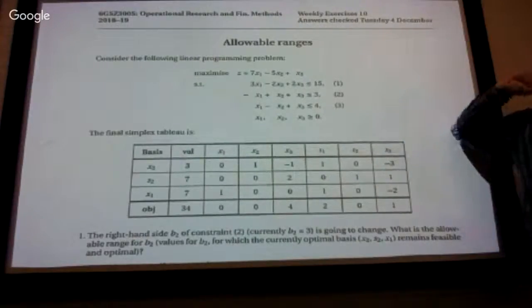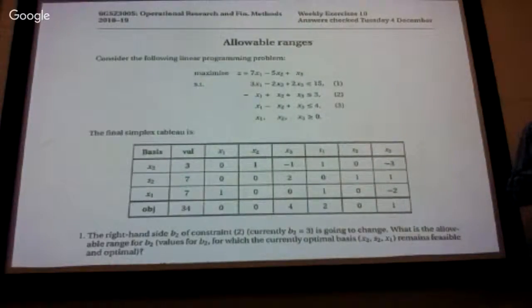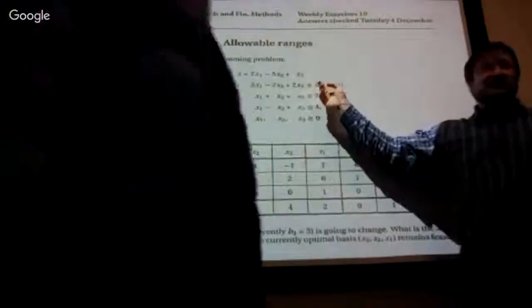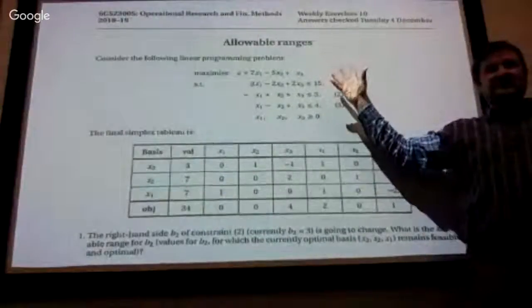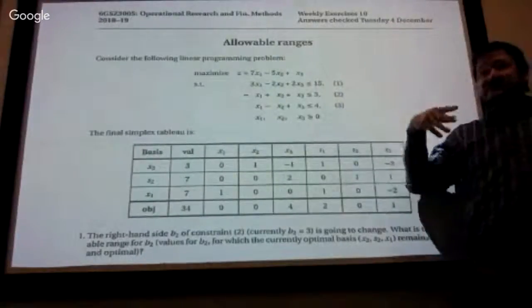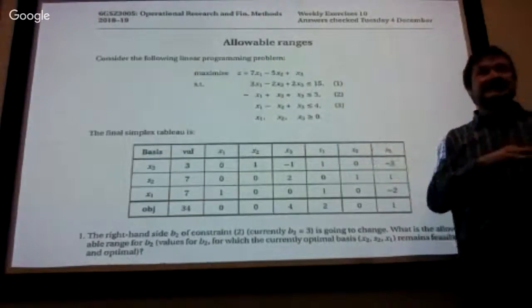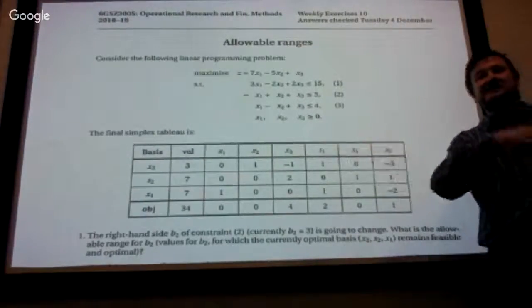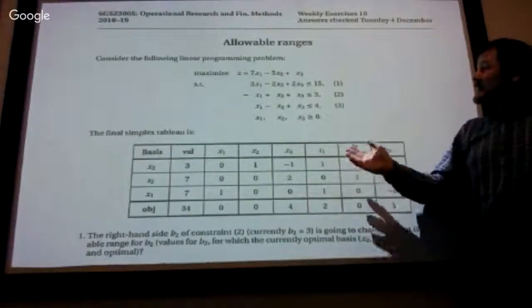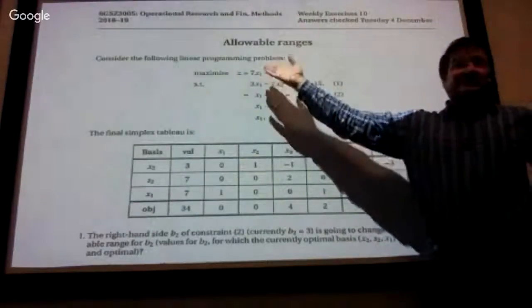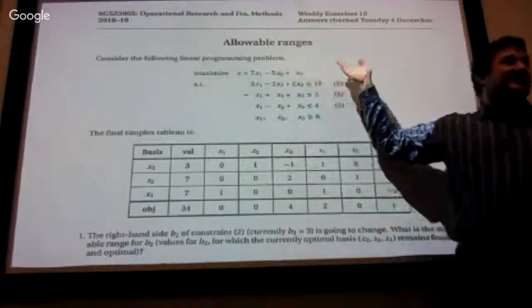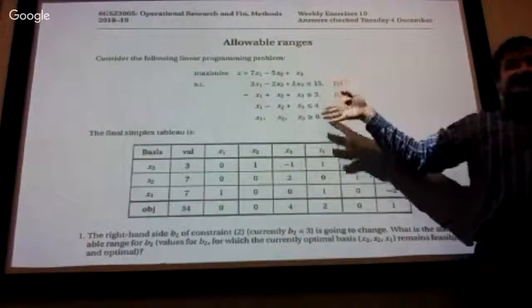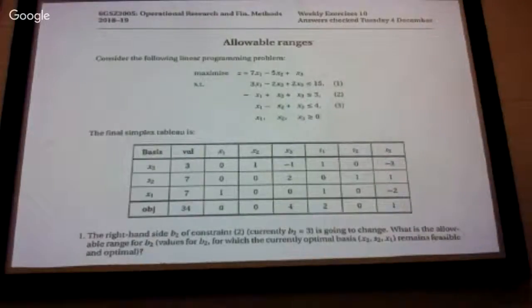Sometimes you're interested in a practical application in knowing how much you can change these values for the solution not to change to a different basis, because changing to a different basis might mean starting a new production mix. You have lots of products to choose from. Some of them you're not making, some of them you are making. So you want to know what changes in the prices of the products you're selling, or the prices of the things you're buying, or in some resources, how much they can change without you having to pivot or change the basis or change the solution dramatically.